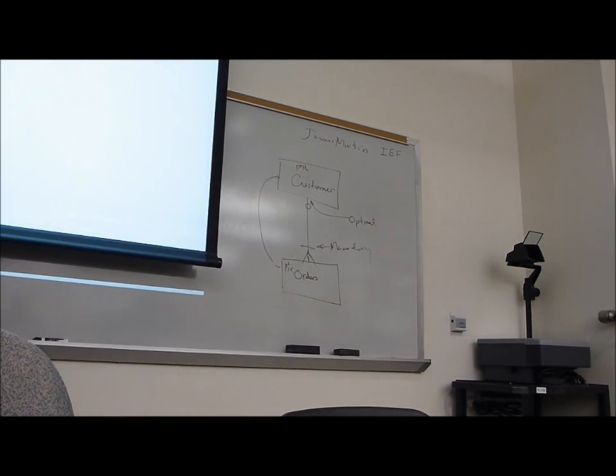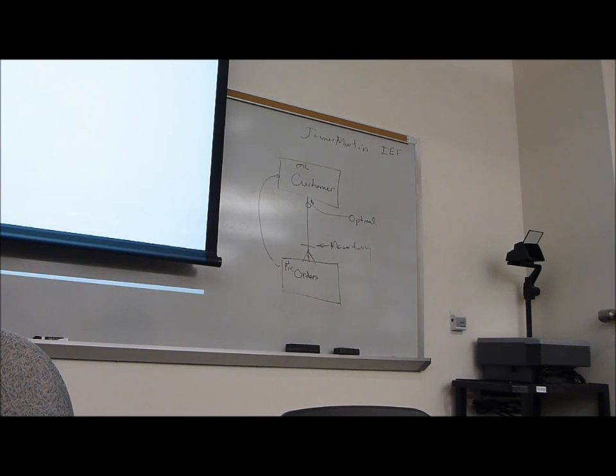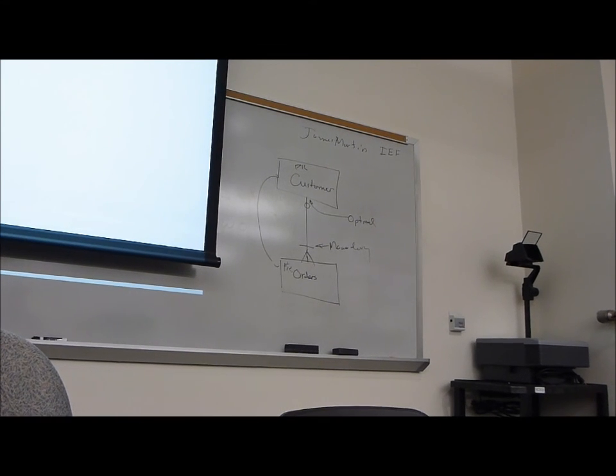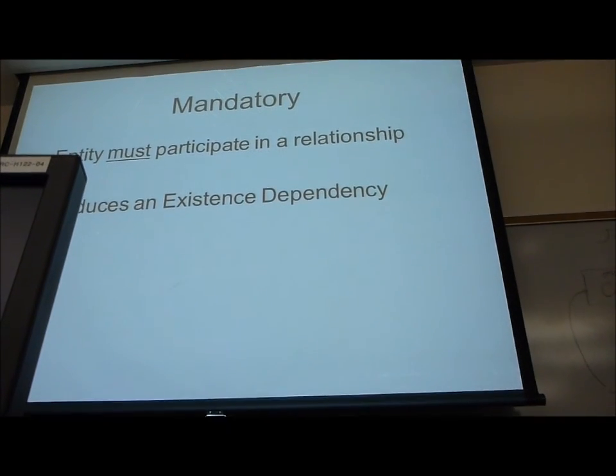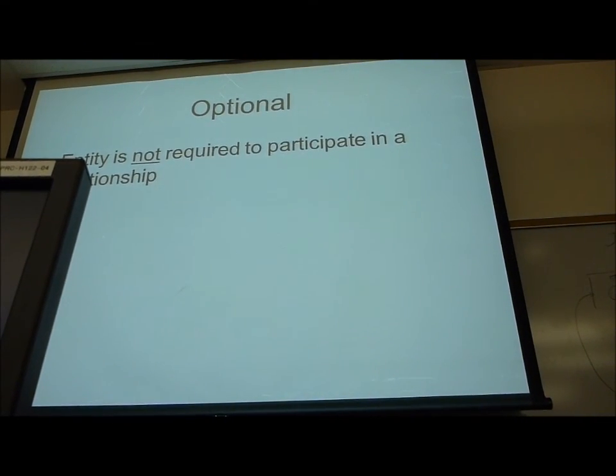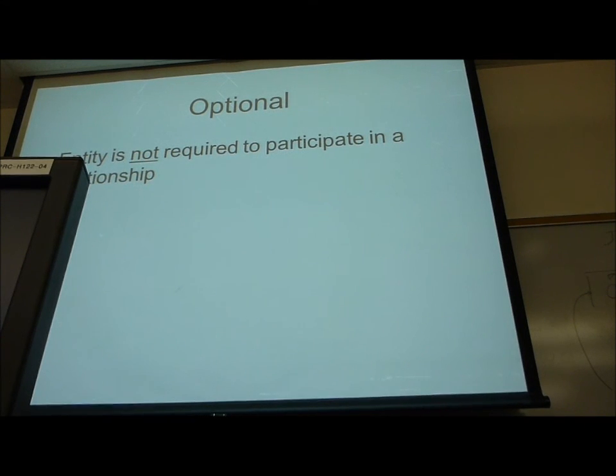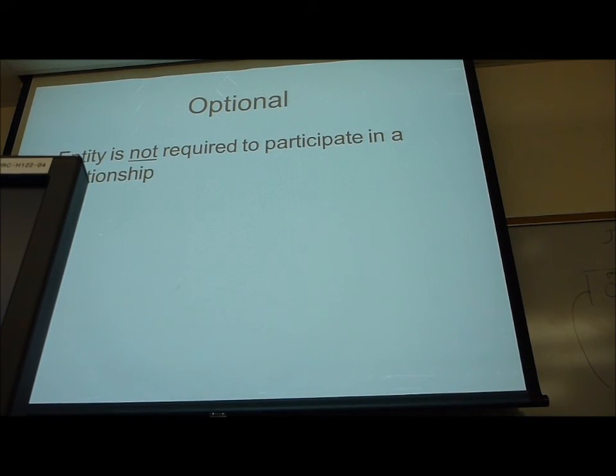I don't have an order if a customer hasn't placed it, and we're going to enforce that. We're going to see how we enforce it. So you can't put a record in here for an order if you don't have a customer to match up. Optional simply means it's not required to participate.